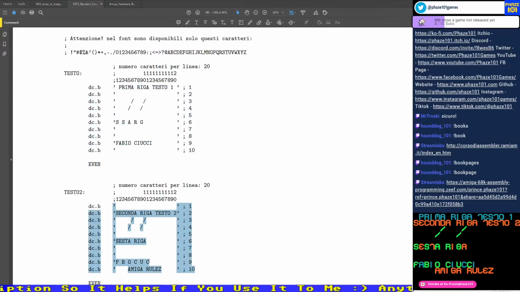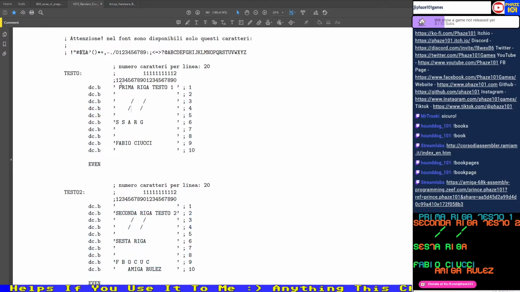Notice that in the first line of the first bit plane there is text, but there's nothing in the first line of the second one. Then there is nothing in the second line of the first one, but there is something in the second line of the second bit plane.